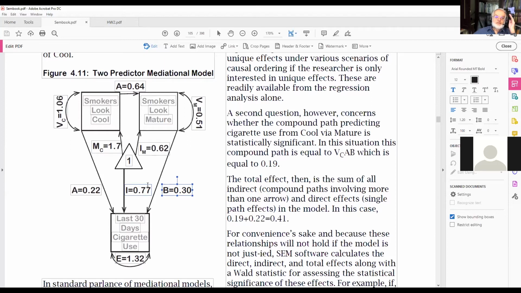Now, usually that takes a little bit of thinking, because in other classes and in other articles that you've read, there's a lot of talk about the arbitrary nature of effects and how you can produce different conclusions about direct and indirect effects subject to a particular causal structure.